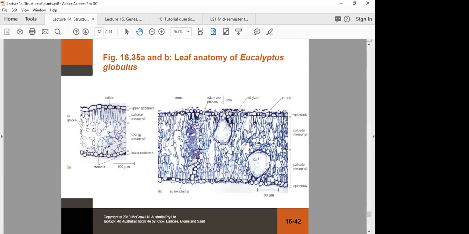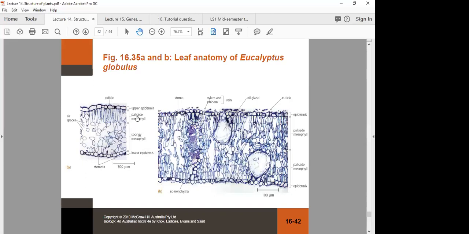And here we have the lower epidermis, and it's in this lower epidermis layer that we can actually see one stomata there and one there. So primarily the stomata are located on the lower surface, but you do get them also in the upper epidermis as well.